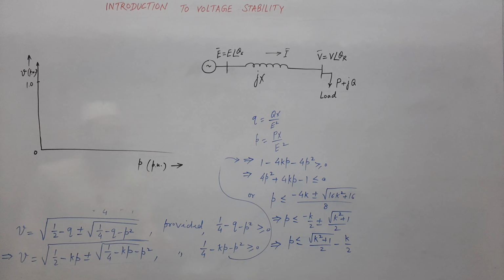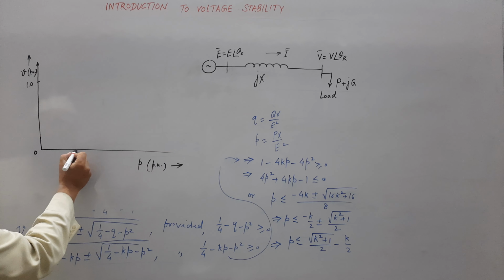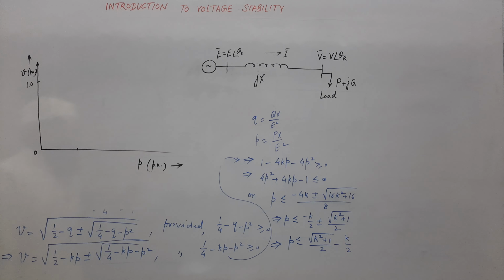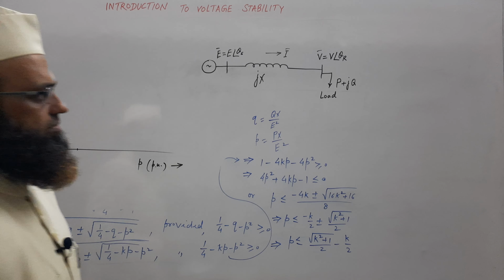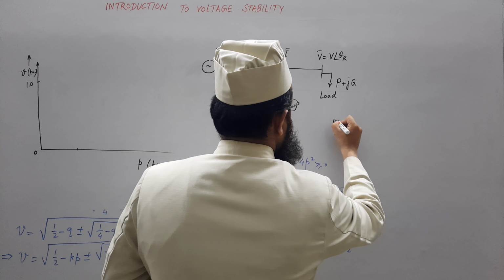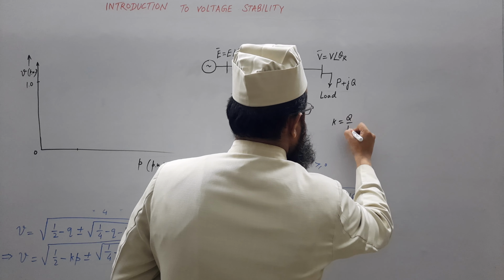So nearly 0.2, we have maximum limit of P nearly 0.2. So P will be within this range 0 to 2 if K is 1. K is 1 means ratio of Q by P as 1. Fine. K is nothing but Q by P.